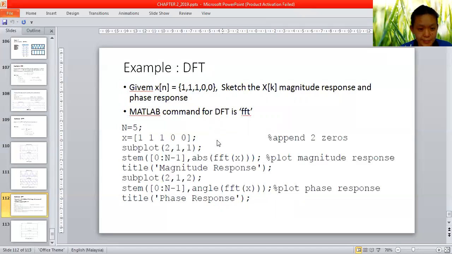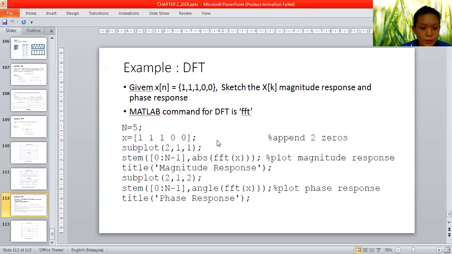Now we will plot our graph for the DFT. First we have N equals 5, and our signal is 1, 1, 1, 0, 0.